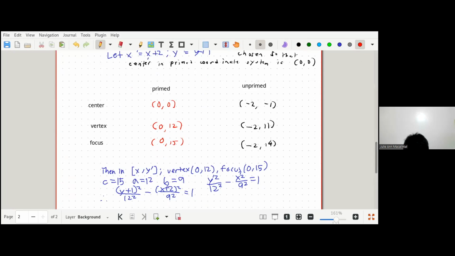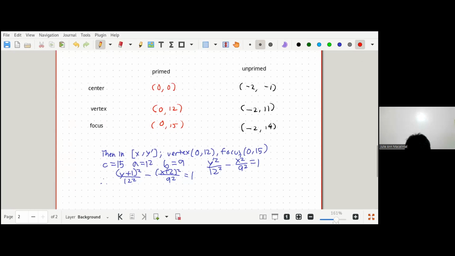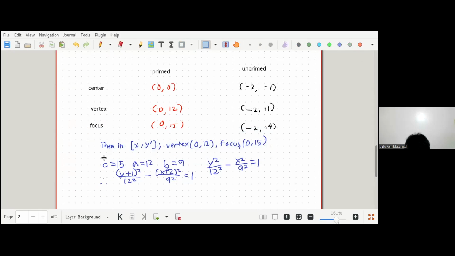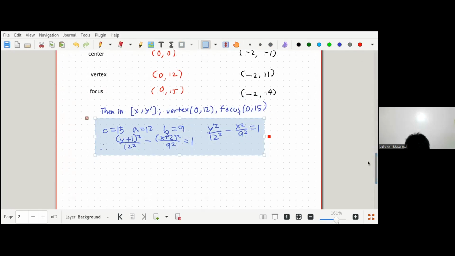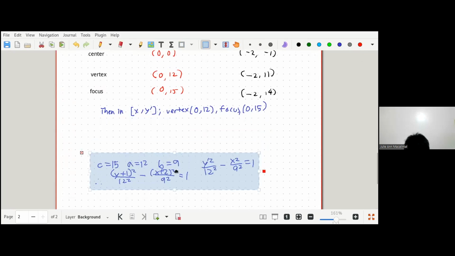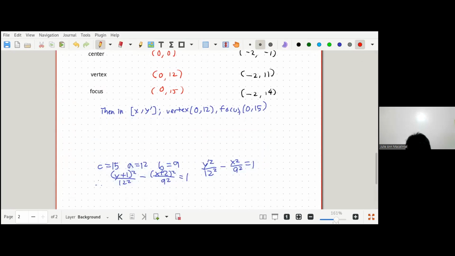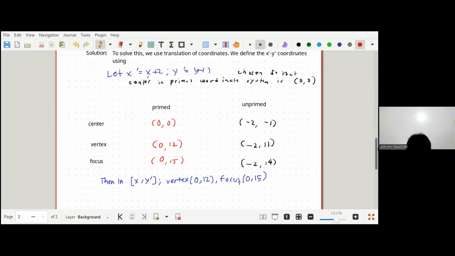So, pwedeng ganito na. Ngayon, how did we get, kasi dito yung magiging tanong, sige, pero paano mo nakuha yung A, B, and C? Okay, ano yung thought process behind how you got C?